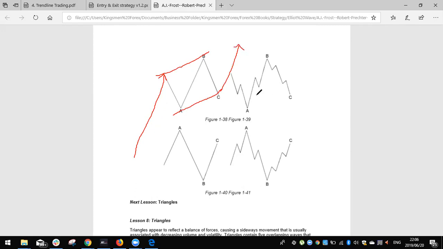For traders who trade the normal patterns, they will say this is a double top. I'm not sure how you call this a double top, and then expect a reversal, and then you get killed by this coming move.